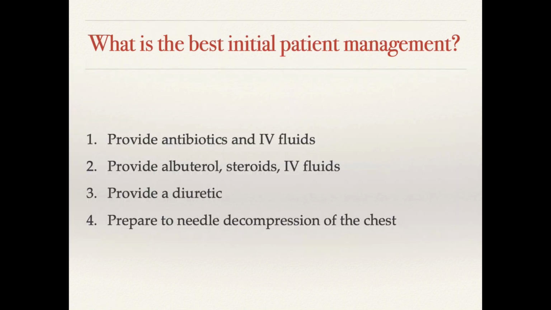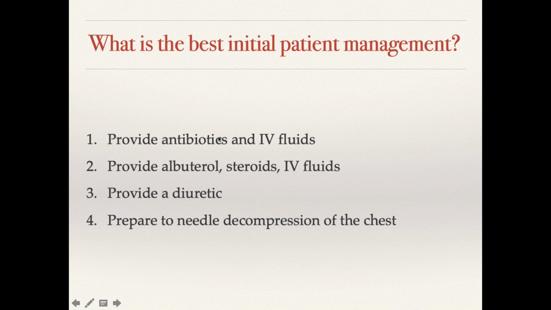So with this patient and this point-of-care ultrasound, what is your best initial patient management? The correct choice would be number 2, provide albuterol, steroids, and IV fluid. That is the correct treatment for a patient with asthma exacerbation, which is what is most likely here, as the patient has wheezing bilaterally, has history of asthma, has dry mucous membranes, so we think the patient's dehydrated, and we see bilateral pleural sliding.